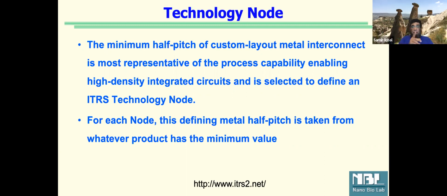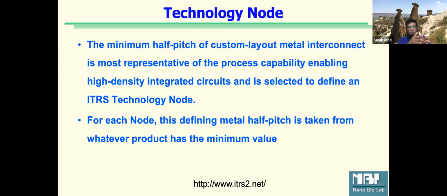So here it says it's the minimum half pitch. We take half of that number, that is how close we can put those metal interconnect lines. That is what defines the technology node. So when we talk to each other, if you talk about the 45 nanometer technology node, we are talking about 45 times 2, it's double.